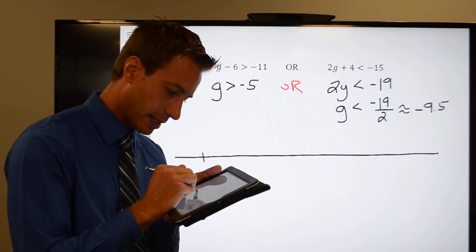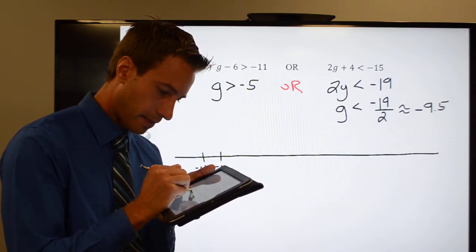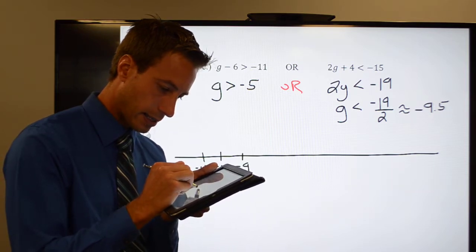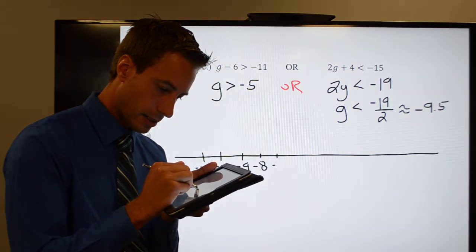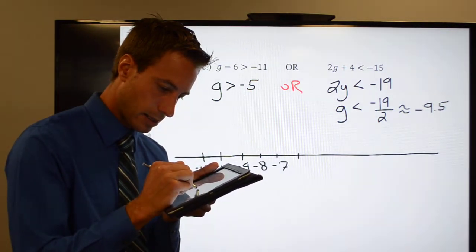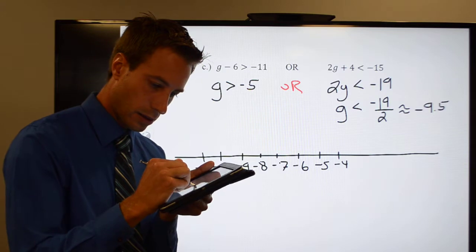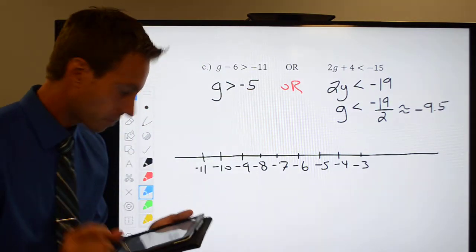Let's go minus 11, minus 10, minus 9, minus 8, minus 7, minus 6, minus 5, minus 4, and minus 3. Here we go. I'll do this one in blue.